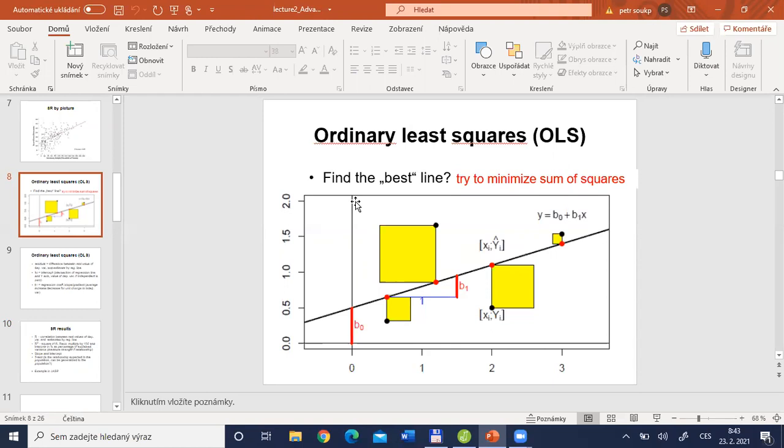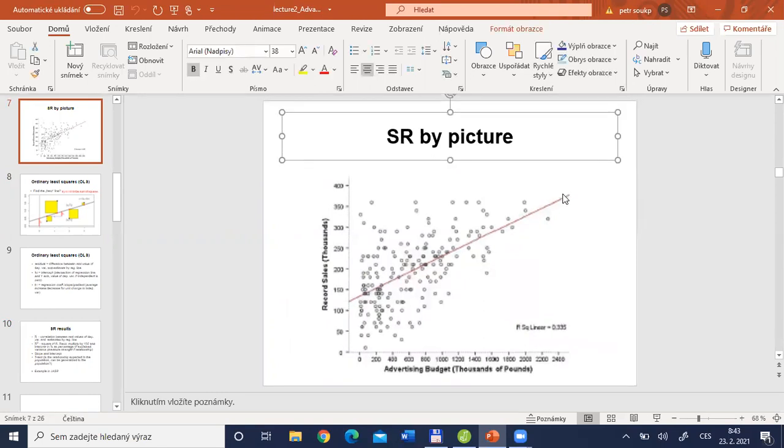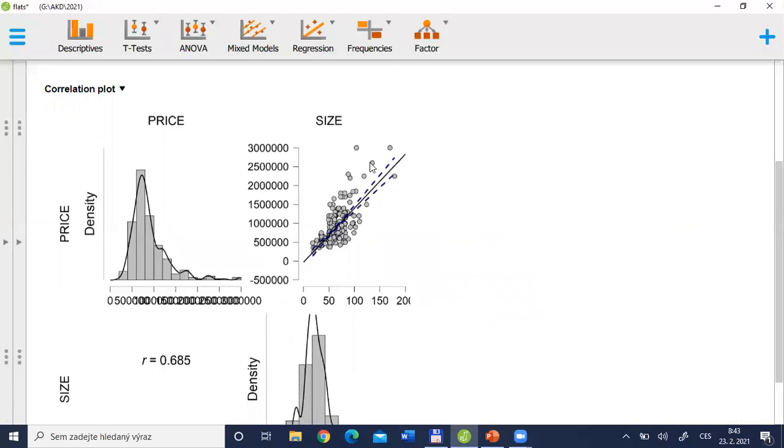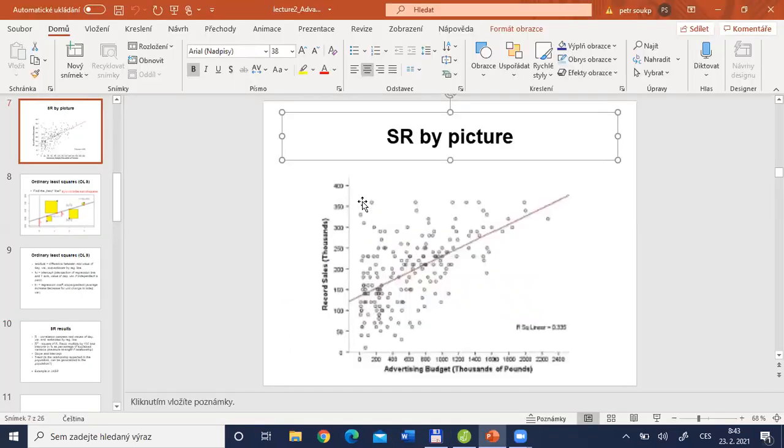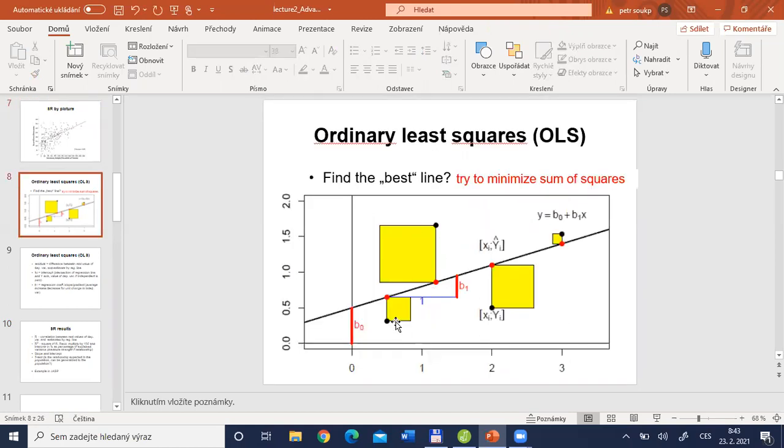If I go back to the previous picture, I can see that these points are quite far from this regression line. In my real life example, these points are quite close to the line.